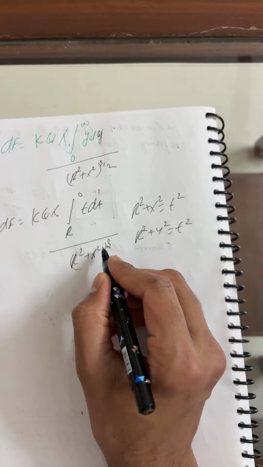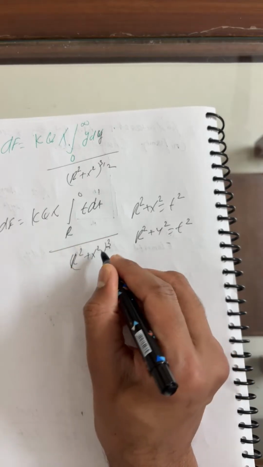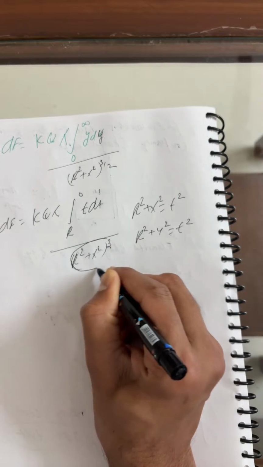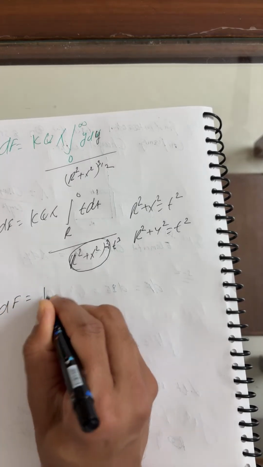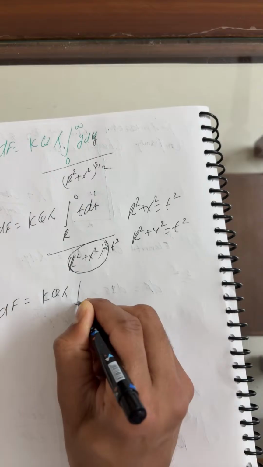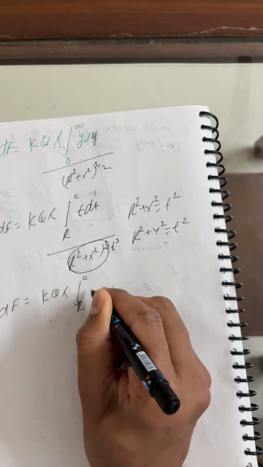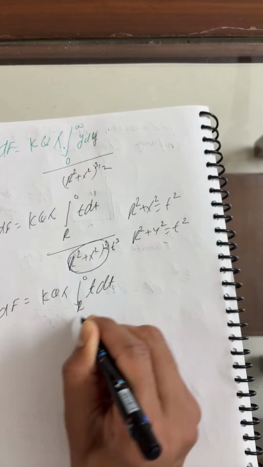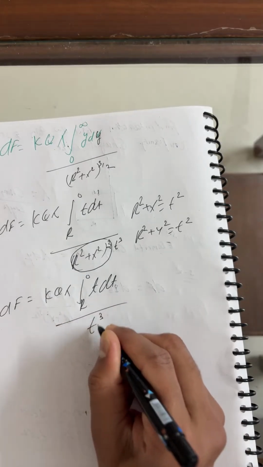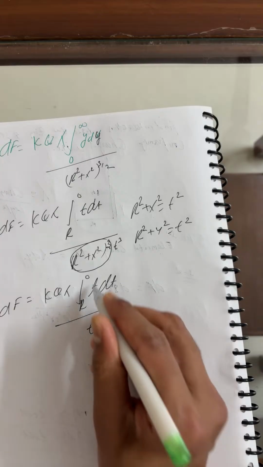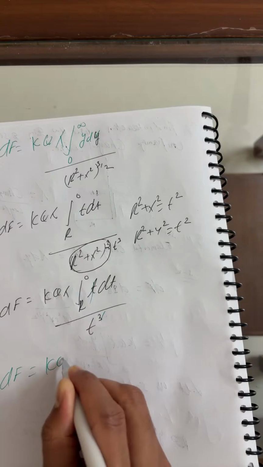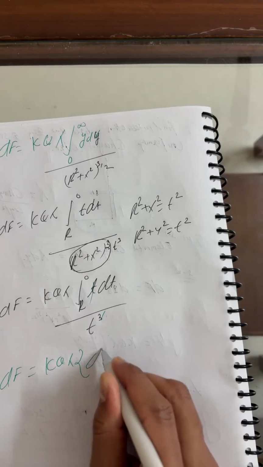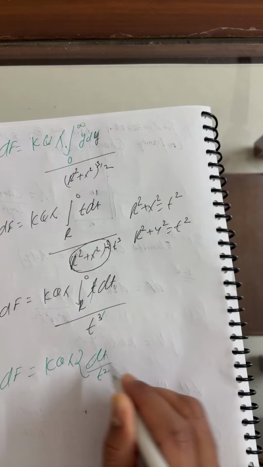So finally in terms of t, we can write dF is k q lambda, limit r to 0, t dt upon t cube. This cancels, so finally dF is k q lambda, dt upon t square.